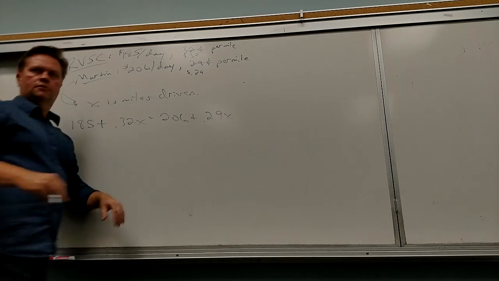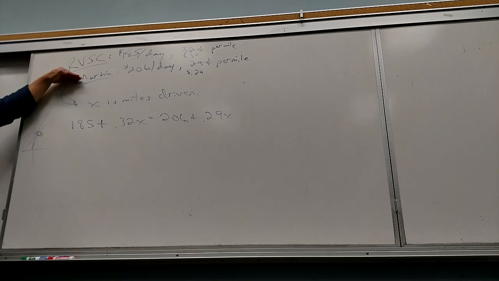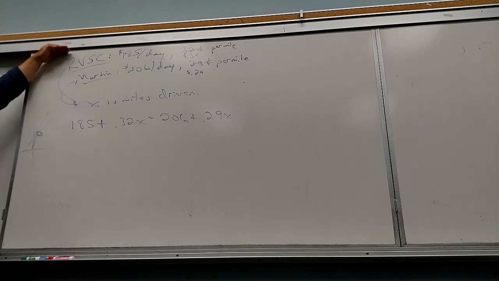Then you solve for x. That's the place where they meet, where the price would be the same for both. If you went further than that, it'd be better to take this guy. If you didn't go that far, it'd be better to take this guy.